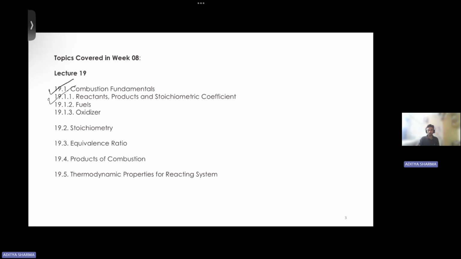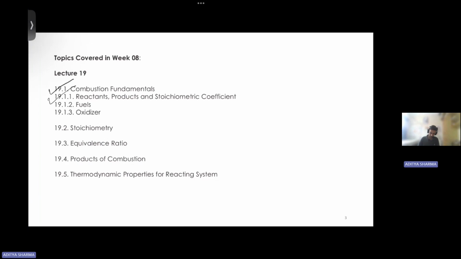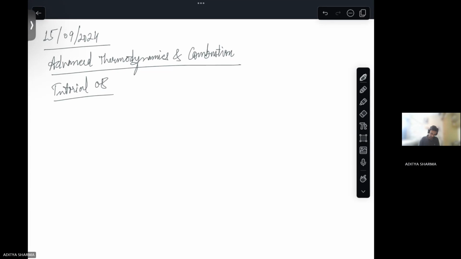We can try to understand this this way. So this is combustion fundamentals.